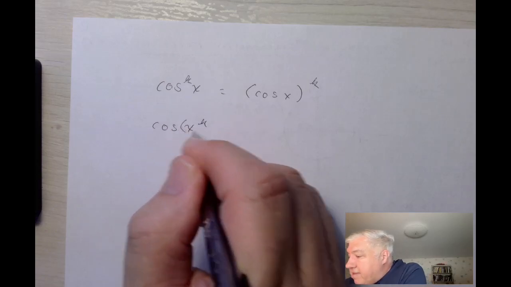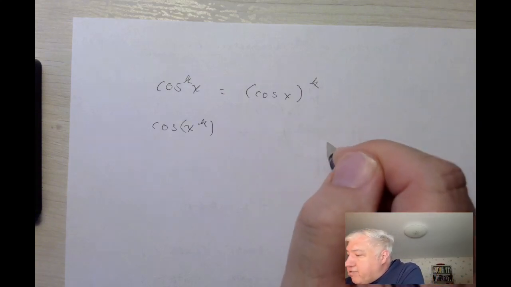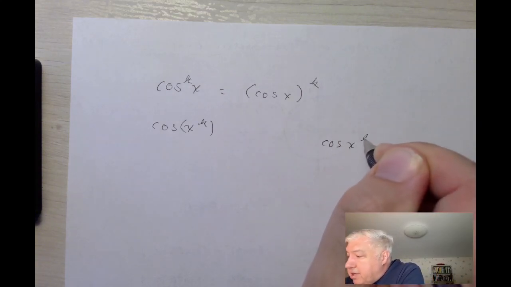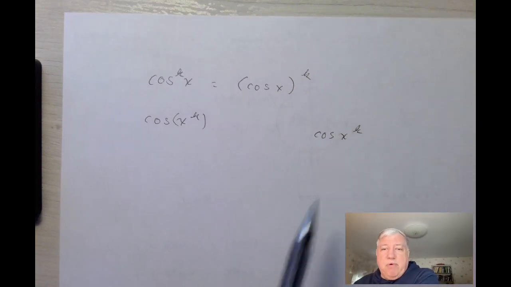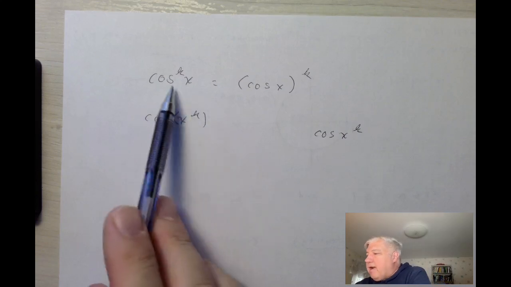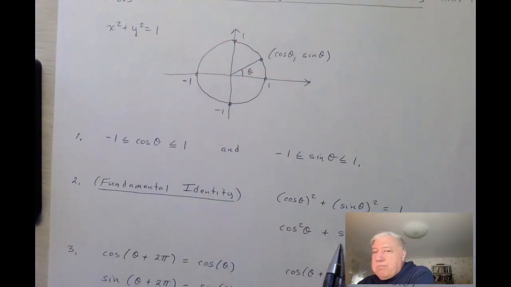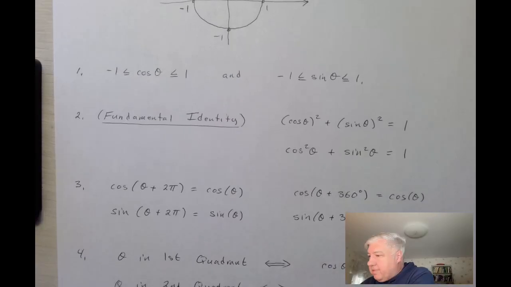So it could be that we might mean something like this. In general, what you don't want to do is write something like this, because I won't know what you're raising to the k power. Okay, so that's why we use this notation here. So that's why cosine squared plus sine squared is 1.